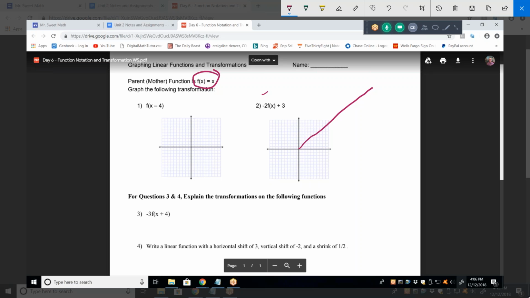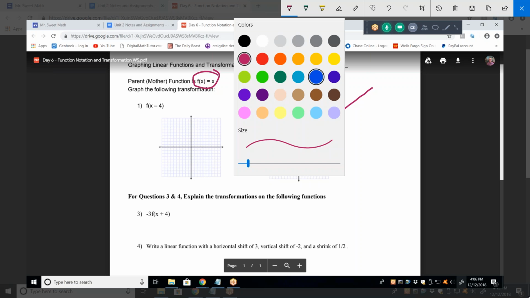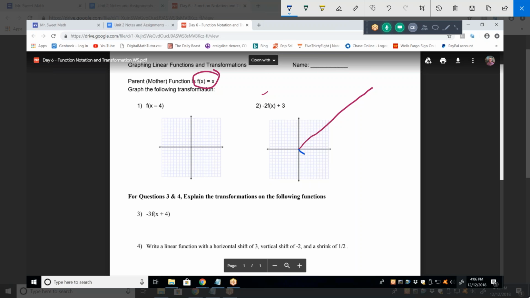When you see a negative sign, that means a vertical reflection. So the first thing I'm going to do is vertically reflect it. You always do your reflections first. So this right here would just be minus f of x.